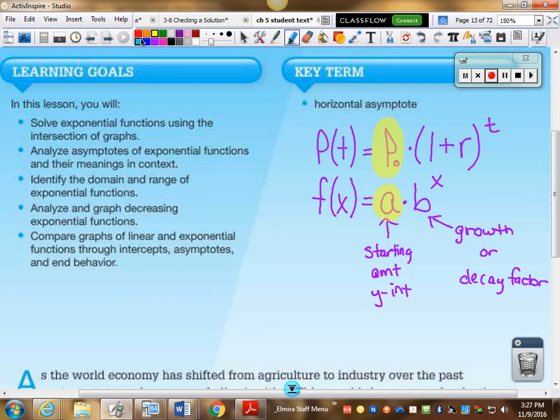If I add together 1 plus r, we did that in class for 5.1, that equaled a single number like 1.07. That's your b. And then your exponent is very specific.